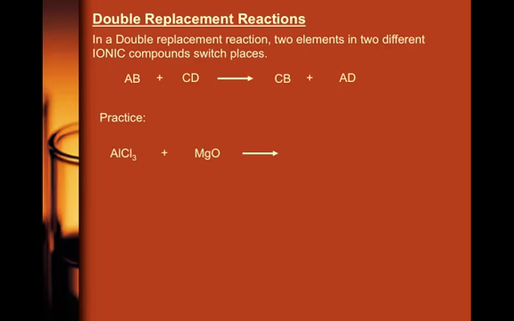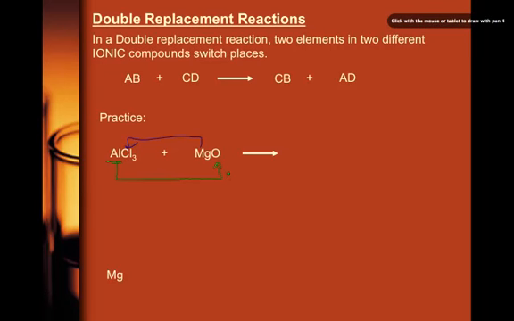Another practice, so AlCl3 plus MgO, and so the Al, we could do the outer here, outer, Al will be with O, and we could do inner, the Mg will be with Cl, another way to look at it. And so we'll get AlO and MgCl, and we got to do our charges.